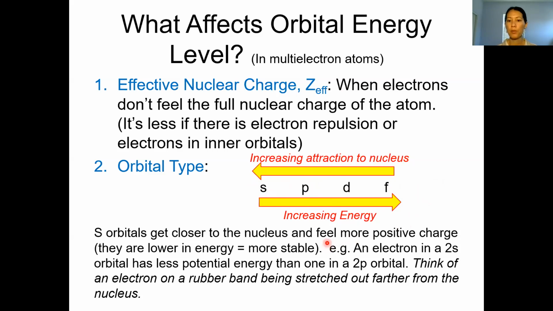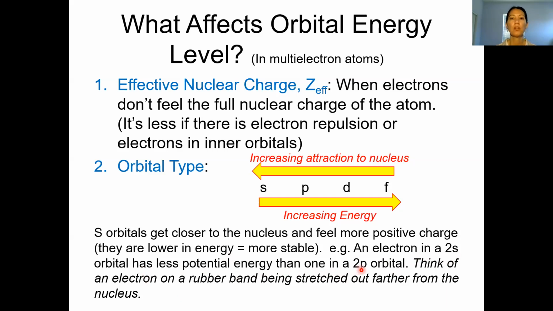s orbitals feel more positive charge, so they're lower in energy. Again, if that's confusing to you, just think of lower in energy as meaning more stable, feels more of an attraction, more of a solid connection with that positively charged nucleus. So an electron, for example, in a 2s has less potential energy than one in a 2p.